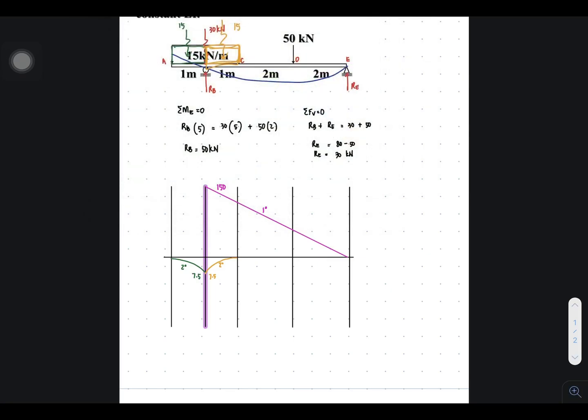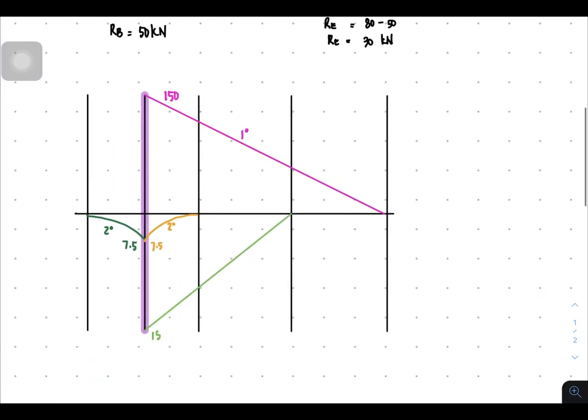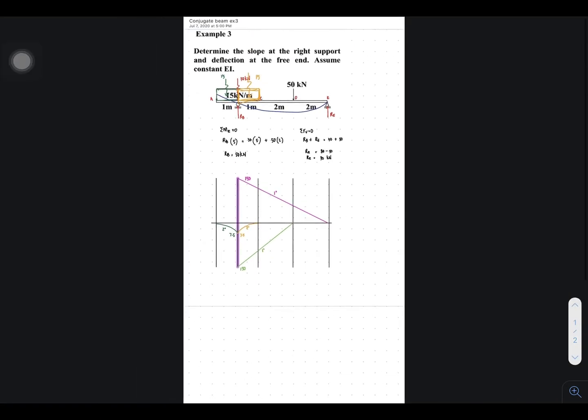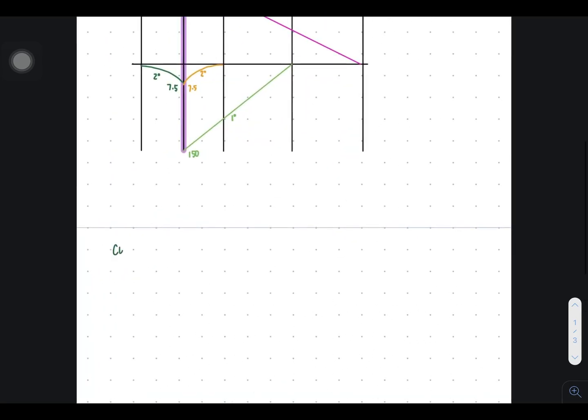So 50 times 3, it's still 150. So this is 150. And this is at first degree. Okay. What we're going to do now is draw the conjugate beam. So let's draw the conjugate beam.